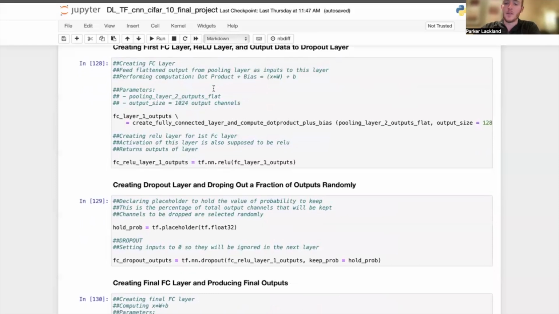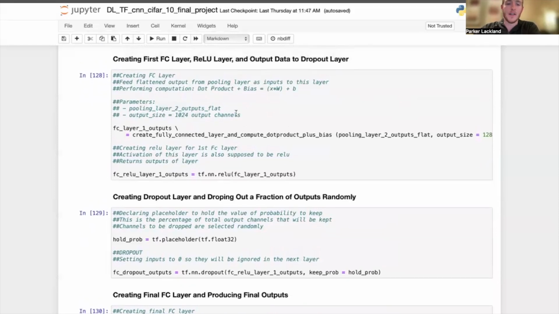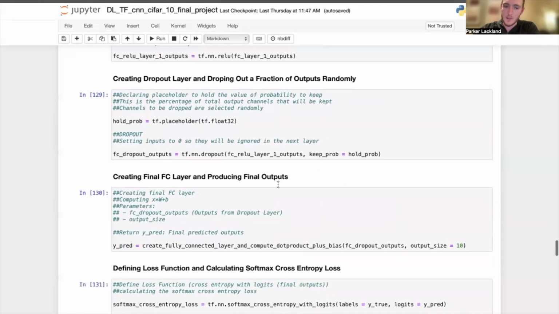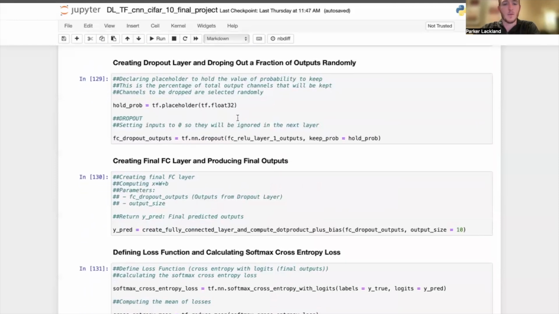Then we finally create our first fully connected layer, and we apply that ReLU activation function, which is very common to this layer. Then we output this data to the dropout layer, which we'll talk about in just a second. It is right here. The dropout layer would be set up to drop out a given amount of randomly selected outputs from that first fully connected layer.